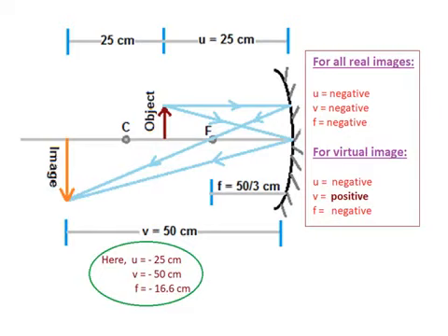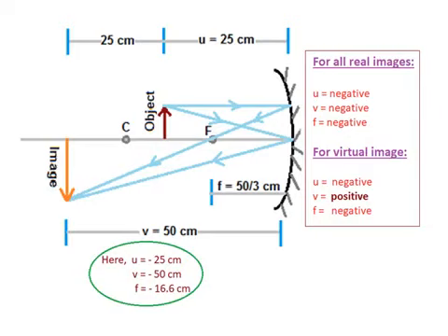So when the image is on the right side of the mirror, then the image distance v becomes positive. That's why you see I have given you here v is positive for virtual. And all the other distances, that is u and f, lie on the left side. So to sum up, out of the 6 ray diagrams, the first 5 ray diagrams give only a real image.